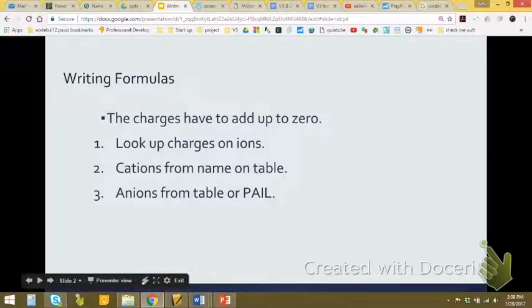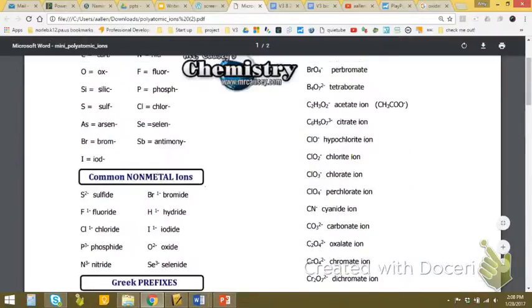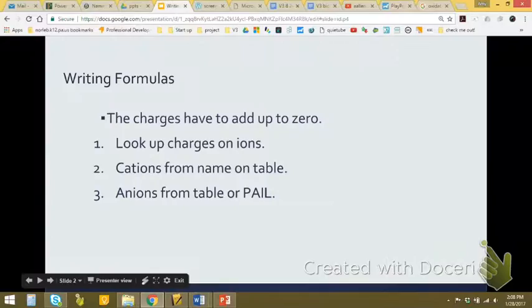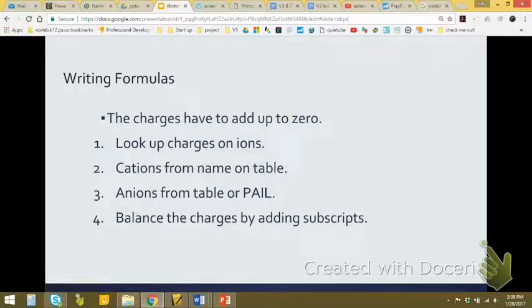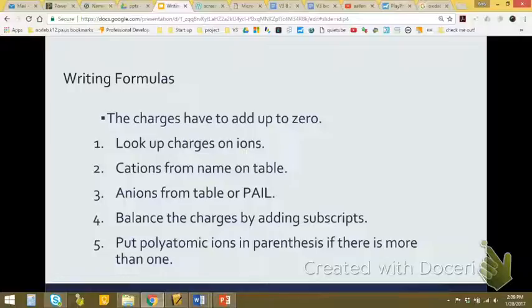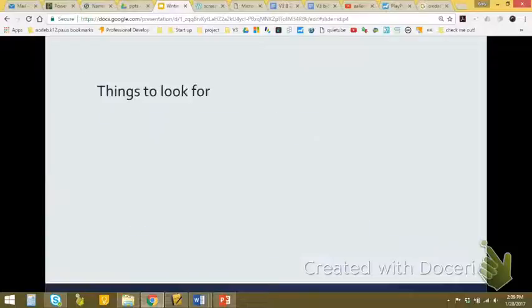And the anions may either come from the periodic table or from your polyatomic ion list, which I have shown here. And then you simply balance the charges by adding the subscripts. And remember that polyatomic ions, put those in parentheses if there's more than one of the polyatomic ion. And I'll show you how to do this.